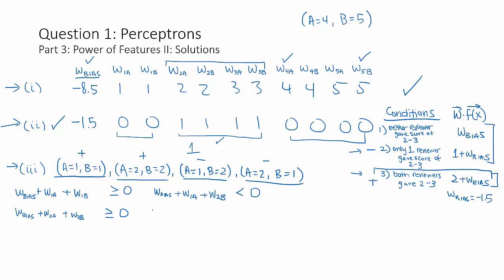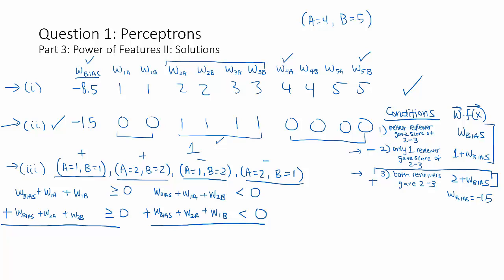And for this point, we have the weight of the bias term plus the weight subscript 2a plus the weight subscript 1b. And again, that's less than 0. Okay, so now we have these 4 decision rules. What happens when you add these 2 together and these 2 together?